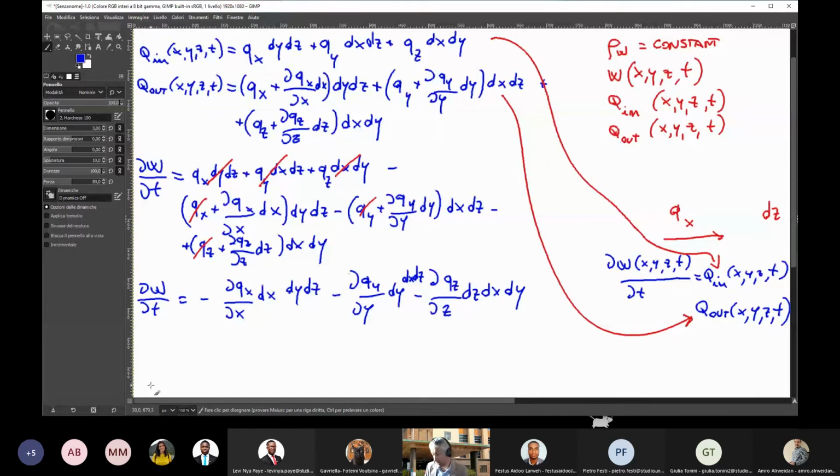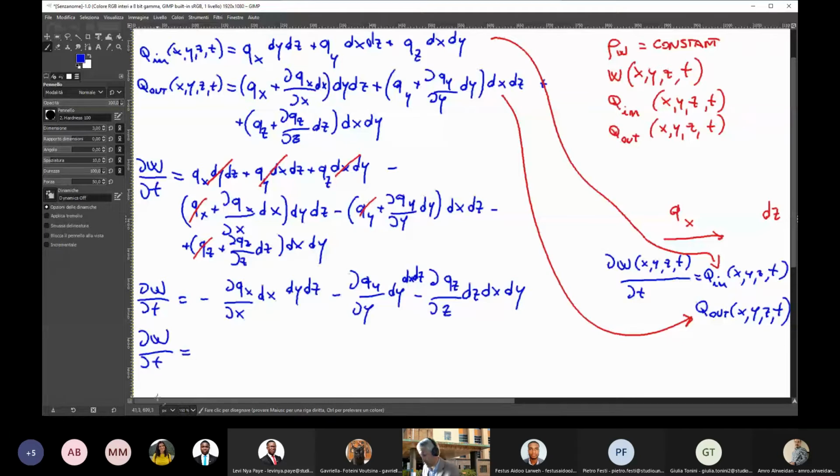But in order to remember this equation, just remember that each term in the right-hand side is multiplied by the x, the y, the z. Okay, and then we have the three partial derivatives of each flow component with respect to the three directions of space. We can write it in this way if you wish.